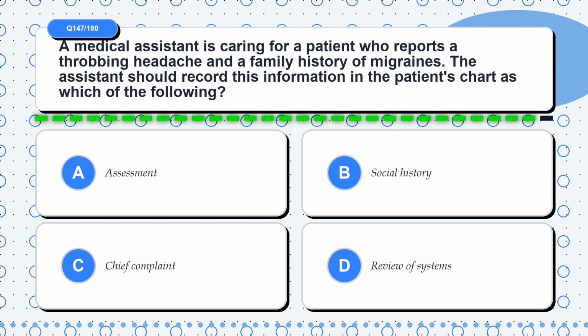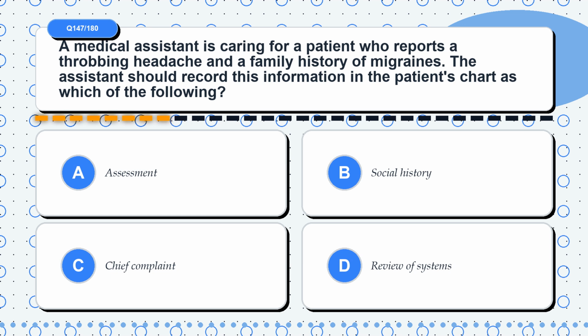Question 147. A medical assistant is caring for a patient who reports a throbbing headache and a family history of migraines. The assistant should record this information in the patient's chart as which of the following? Here are the options. Option A, assessment.